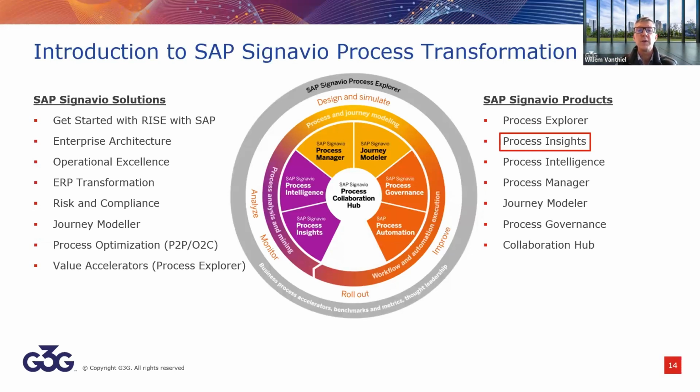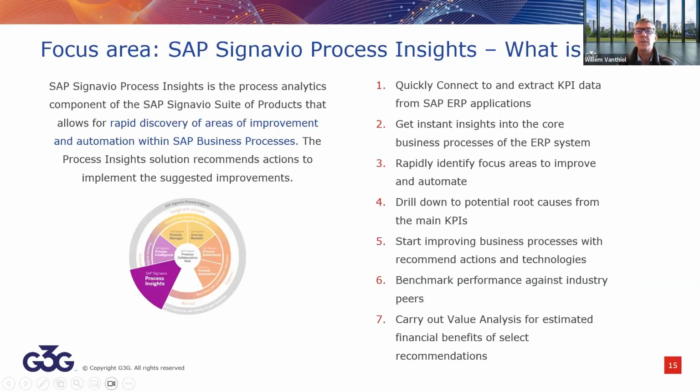So just to give an overview of what the suite looks like as a whole, which can be utilized in its component forms, largely with the Process Collaboration Hub obviously being a component that would be used with most of the solutions. So I think we can skip down onto the next slide, which is talking about Process Insights specifically. Thanks, Nick.